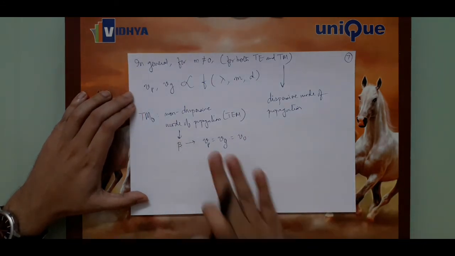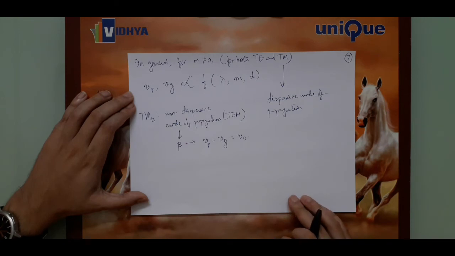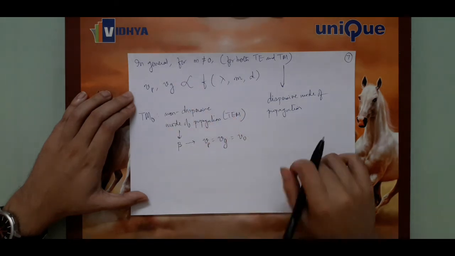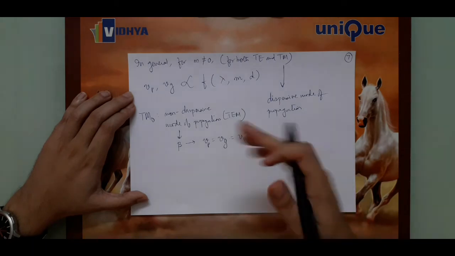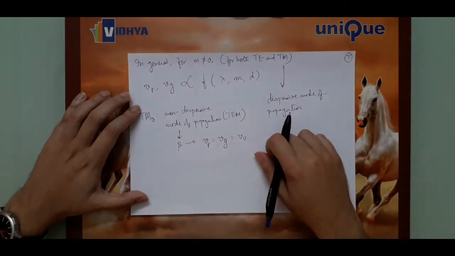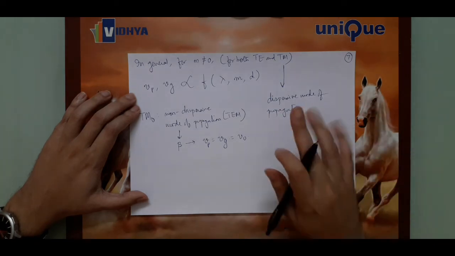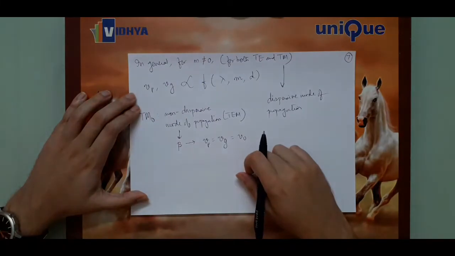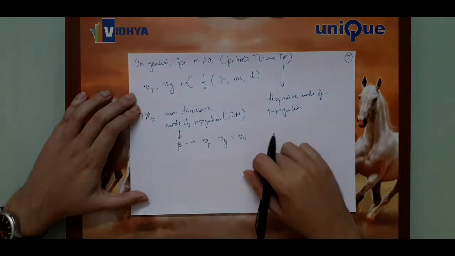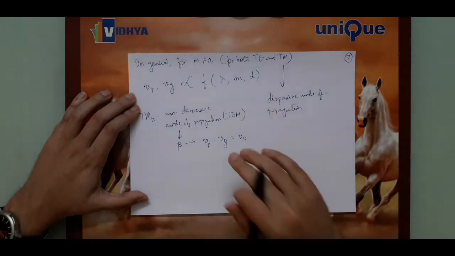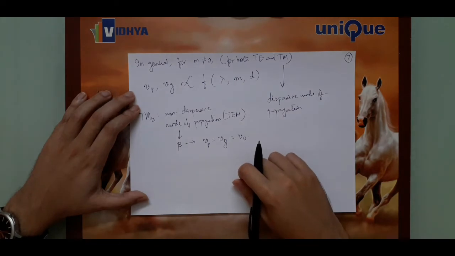This is the only non-dispersive mode of propagation possible in the parallel plane waveguide. All other ways in which the wave is incident obliquely on any of the conductors will consist of an m which is not equal to 0 because theta is not equal to 0. Therefore, they will be dispersive.